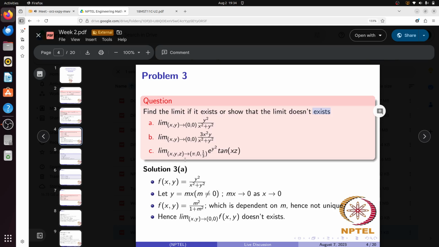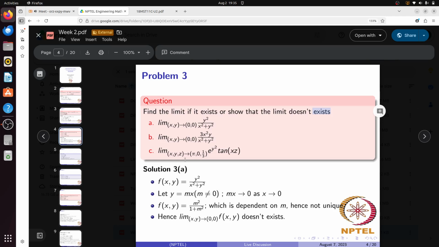If they are not the same, then we say the limit does not exist. Here, in the two dimensional plane, there are infinitely many possibilities. You need to find at least one path for which the limit does not exist, and then you can say the limit does not exist. But to show that a limit exists, you need to verify using epsilon delta.